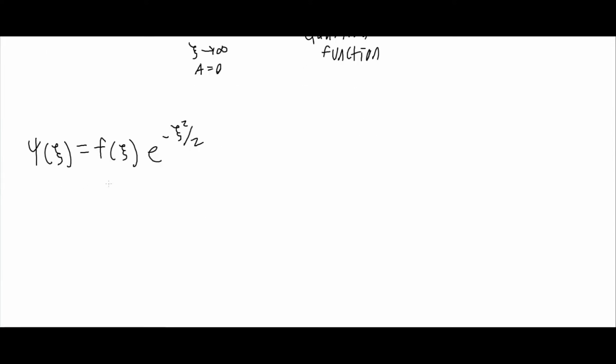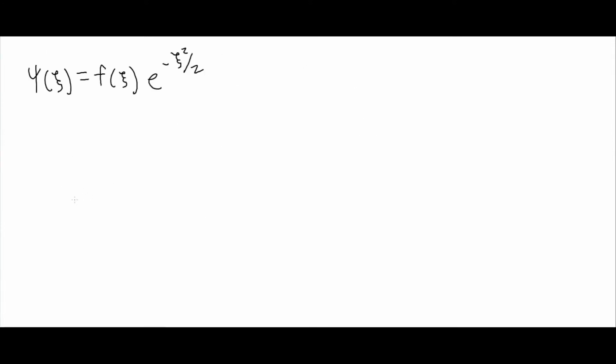And so if we plug this back into our differential equation, what we have is the second derivative of our function f, which is a function of xi, times the exponential of minus xi squared over 2.